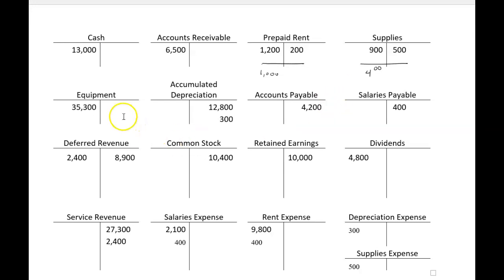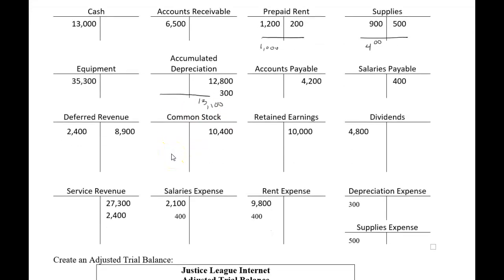Good enough. Equipment, our depreciation, again, we need to go in and do our depreciation. So we see a balance there in depreciation of $13,100. All right, any others that we need? Yes, our service revenue here. We got to find the balance there, and I get $29,700.